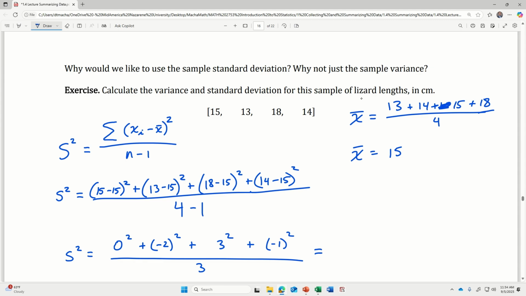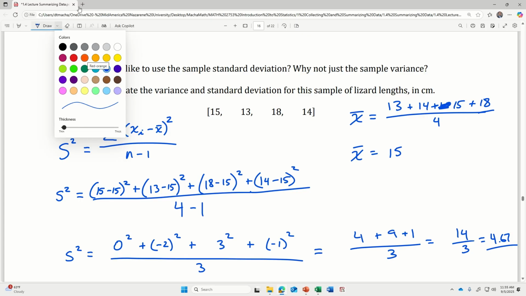And that is going to be 4 plus 9 plus 1 over 3, which is 14 thirds, which is 4.67-ish. And now we have the sample variance.